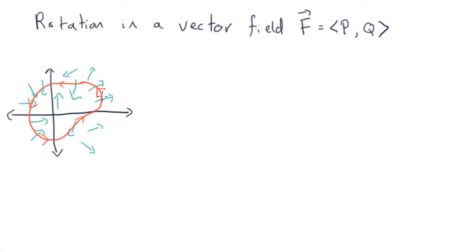And so recall that we had a way to measure the rotation in the vector field around this curve, which I'll call C. And that was the circulation integral. So the circulation integral of this vector field over this closed simple positively oriented curve C was just the line integral.